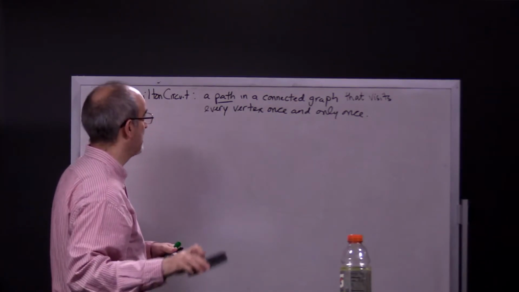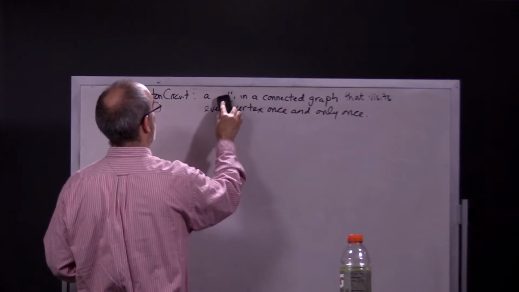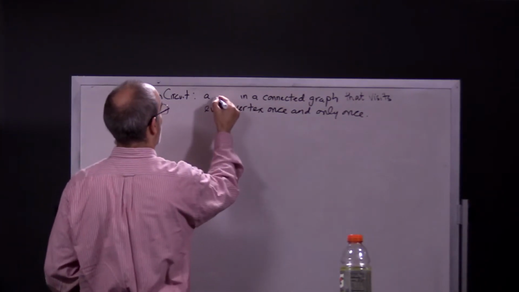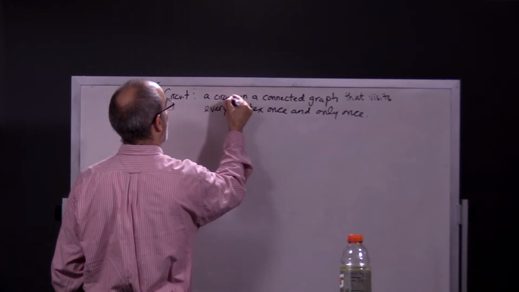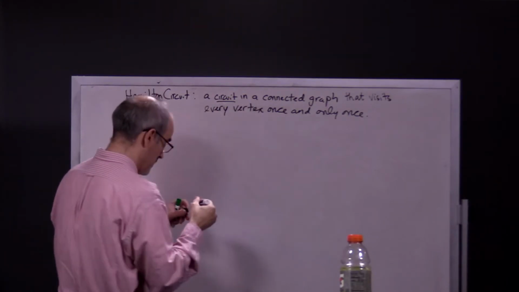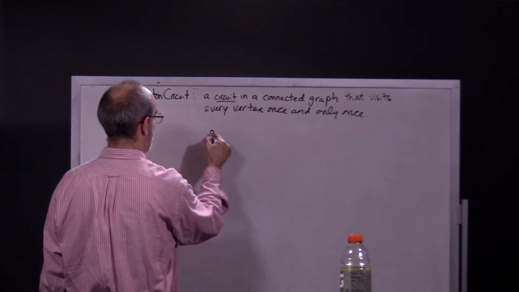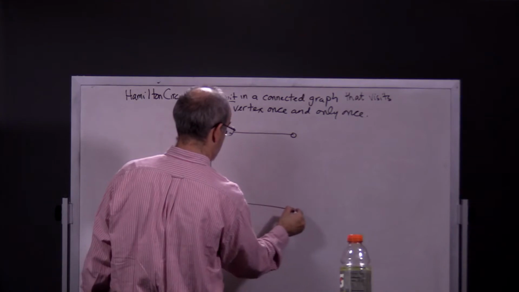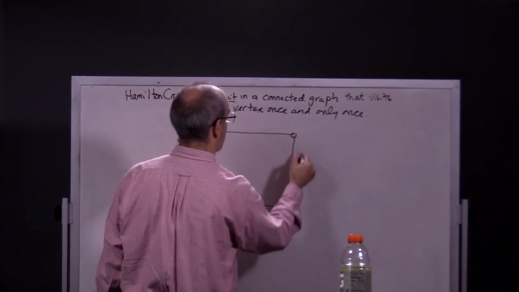You can guess what I'm erasing, right? Wherever I see the word path, I'm going to change it to circuit. And we're going to go back to my favorite graph that I just made up today.